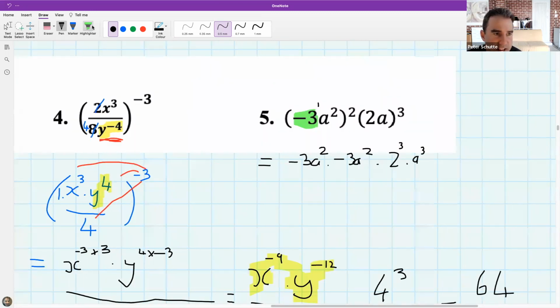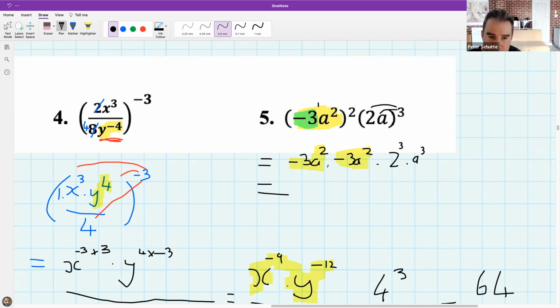So what I've done, to watch out for this bit that I know is going to catch a lot of you, is I've taken what's in here and I've simply written it twice because there's a squared outside. That's a different way of handling it, but I know it will catch a lot of you when you apply the 2. Then this next bit is just basically applying this normally like this.